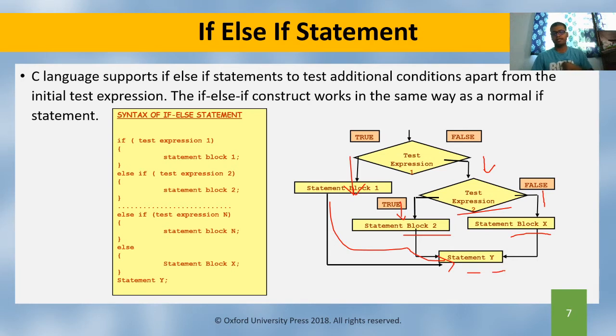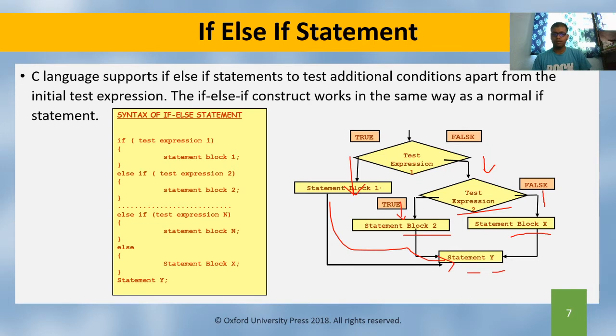So else if is required when one decision is not satisfied, and then we put another branching. So this is basically called branching. If else is basically a branching method. So we can see that we have a branch, true false.